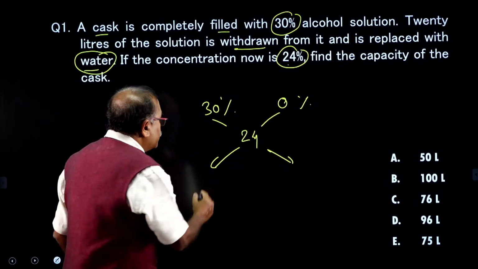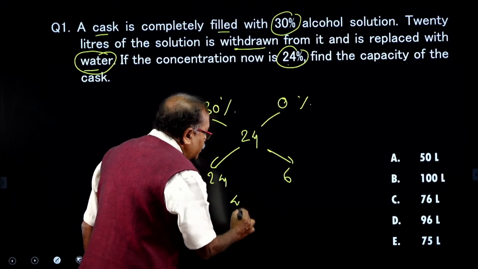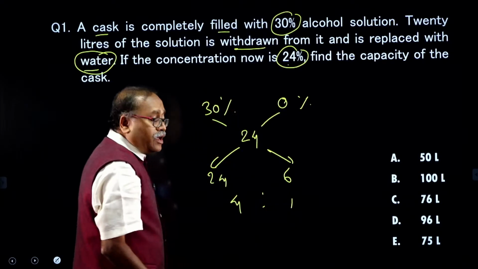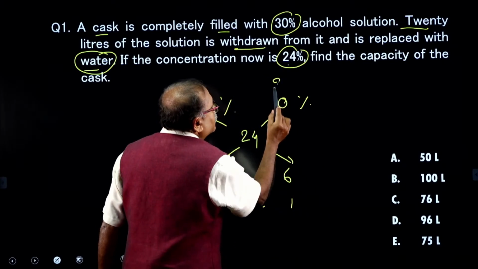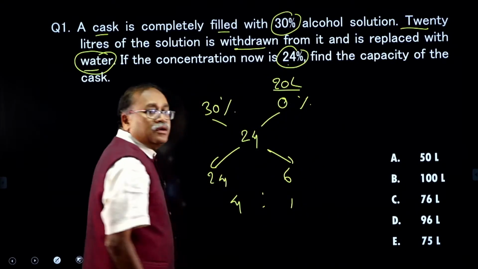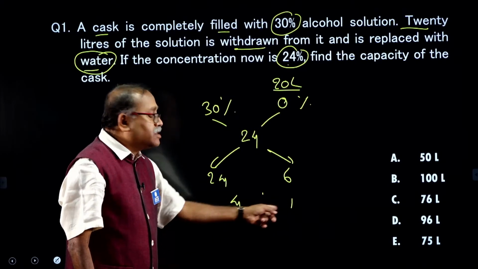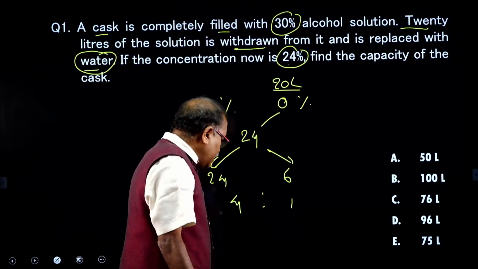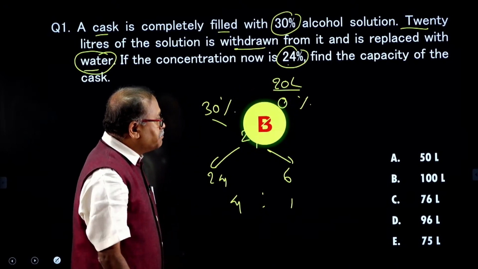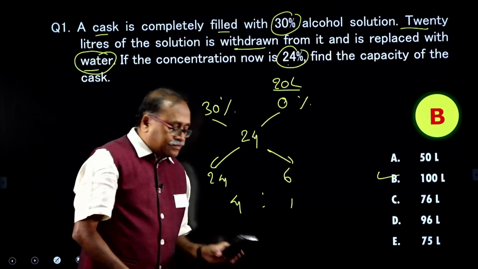Look at this one, here it is 24 and here it is 6, that is a 4:1 ratio, and this 20 liters of water is added here. The 20 liters is one part, then 5 parts is 100 liters. So, your answer should be option B, 100 liters.